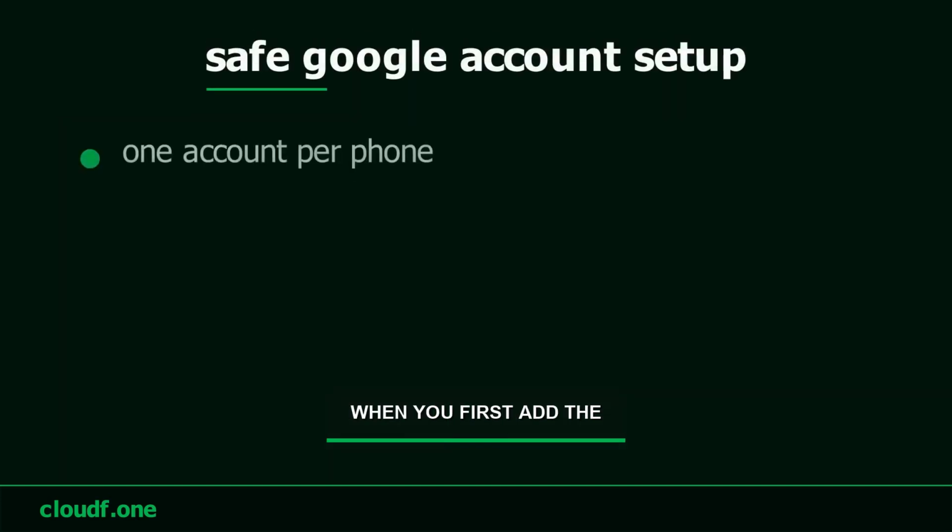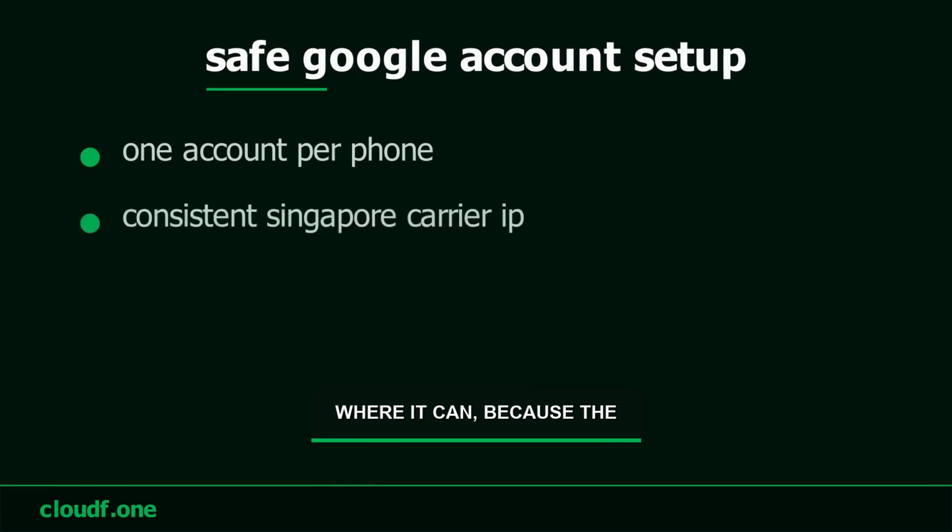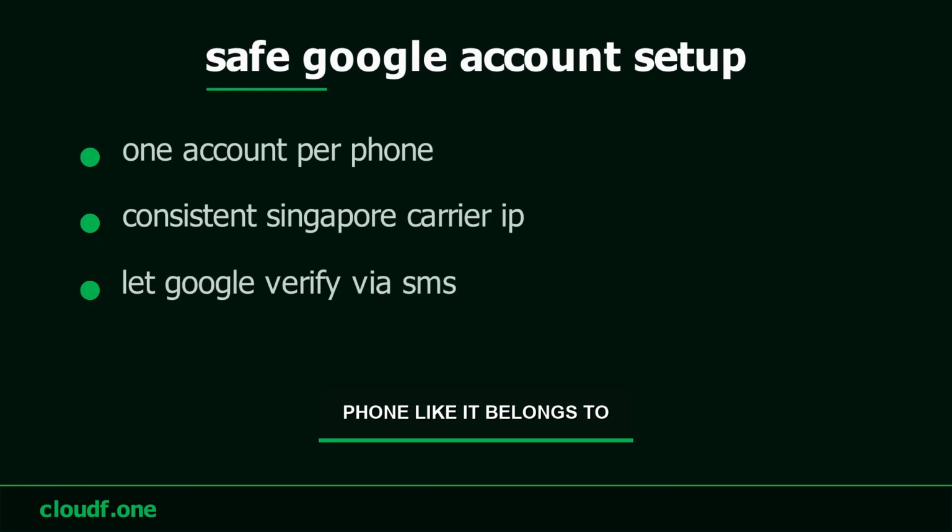When you first add the account, expect Google to want to verify you with a code and let it use the phone's own real number where it can, because the SMS lands on the real device. Treat the account on each phone like it belongs to a single real person, because as far as the platform should be able to tell, it does.